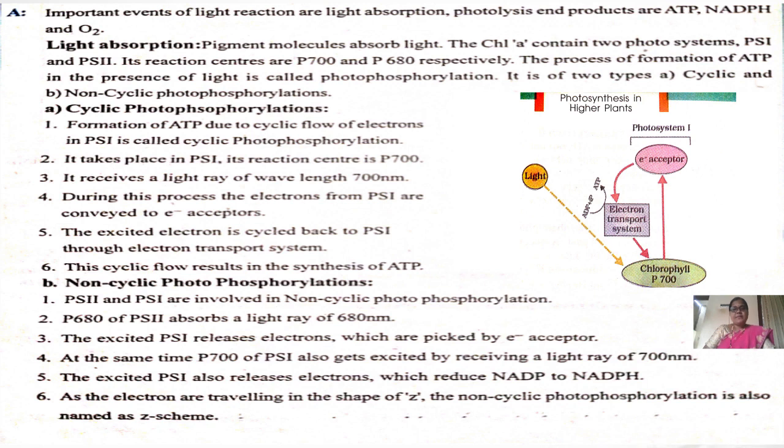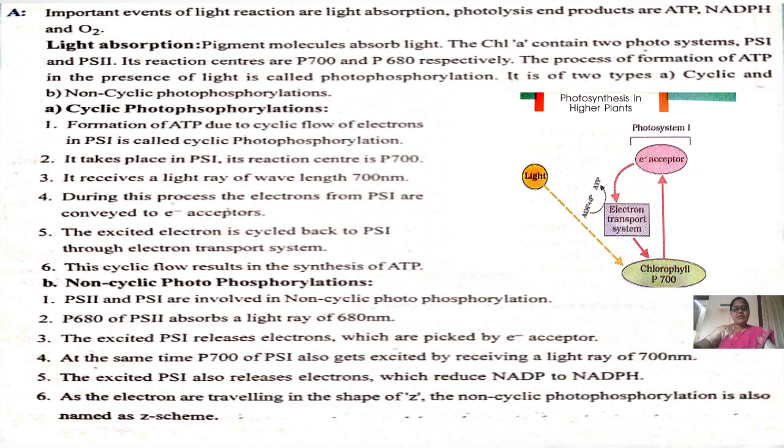The formation of ATP due to cyclic flow of electrons in photosystem 1. It takes place only in photosystem 1, which has the reaction center P700 nanometers.